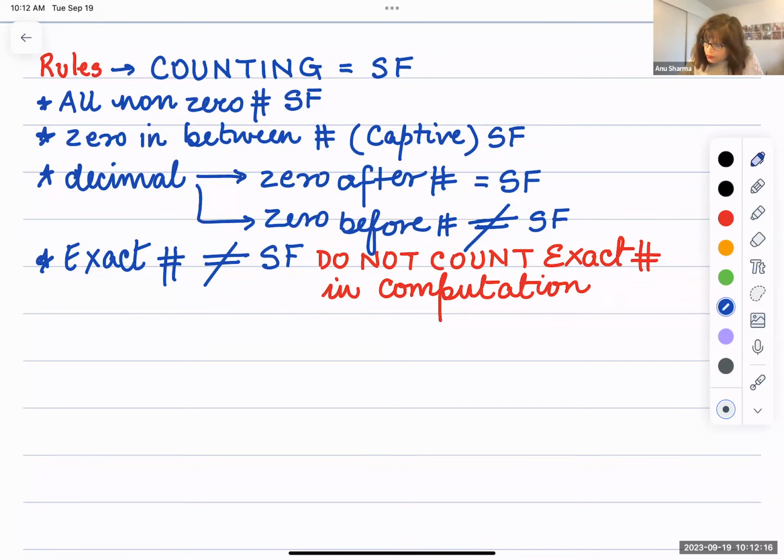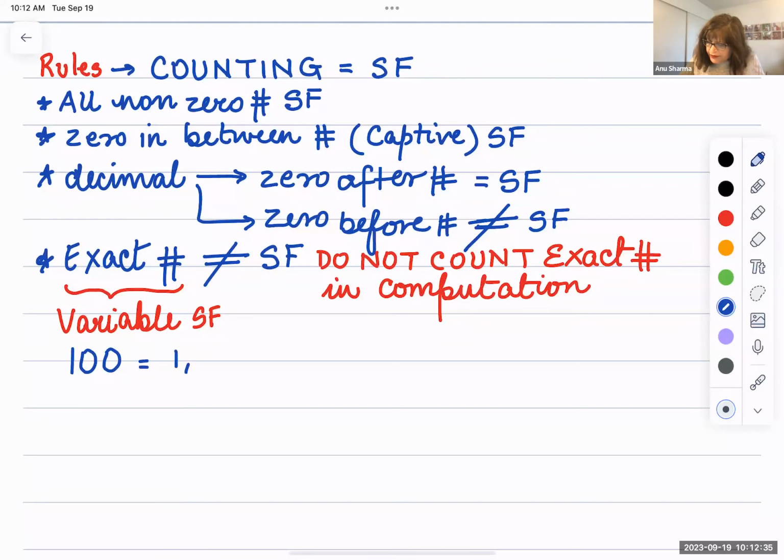Why? Because these exact numbers have variable significant figures. So for example, let's say 100. 100 can have one, two, or three significant figures. How? 100 can be written as 1 times 10 to the power 2. 100 can also be written as 1.0 times 10 to the power 2.